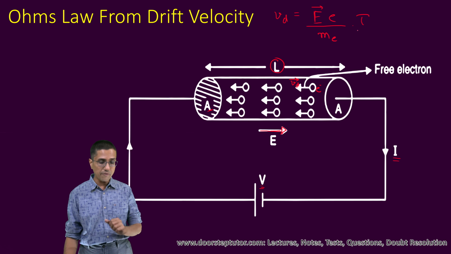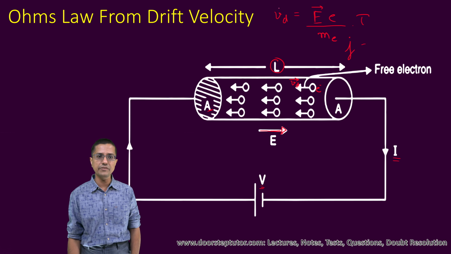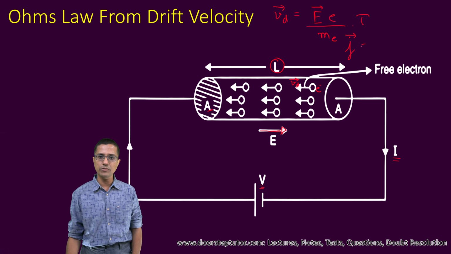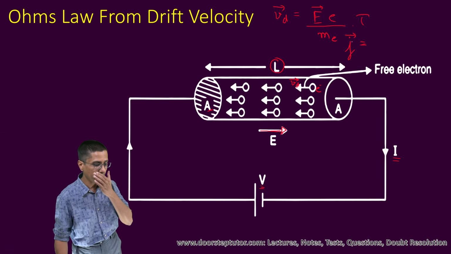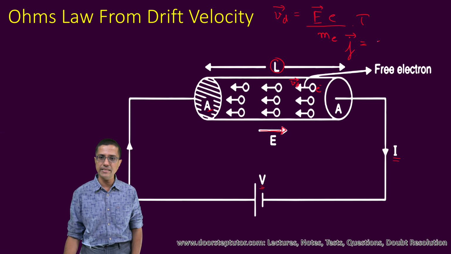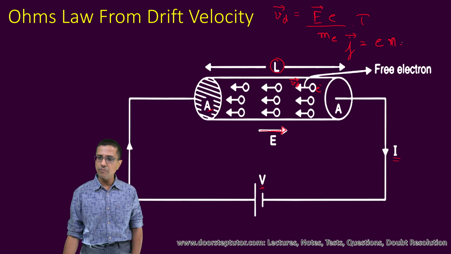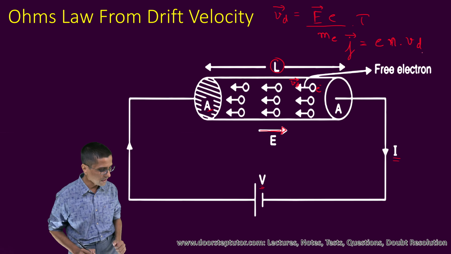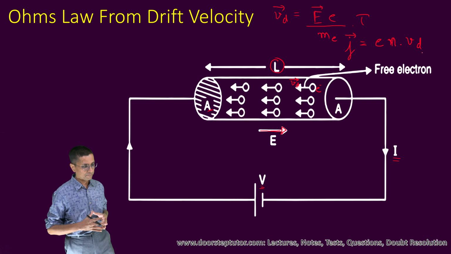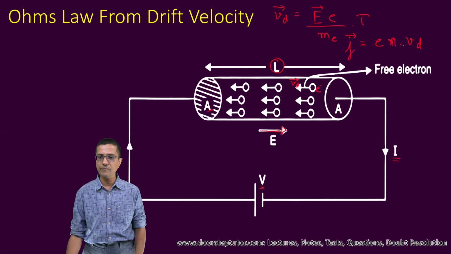The next thing which we have again derived is the formula for current density, J. Vd is a vector, and current density is also a vector. The formula is J equal to e, the charge on an electron, times n, the charge carrier density or electron density, multiplied by Vd. That is the formula for our current density J.